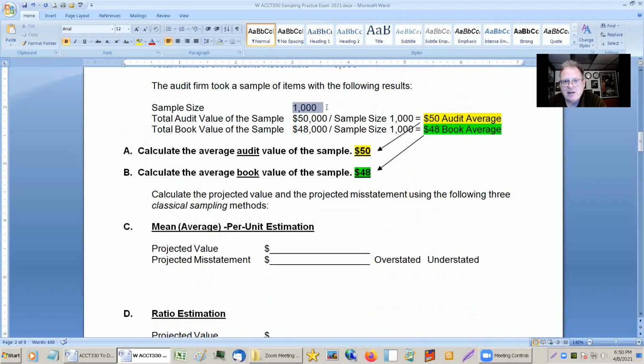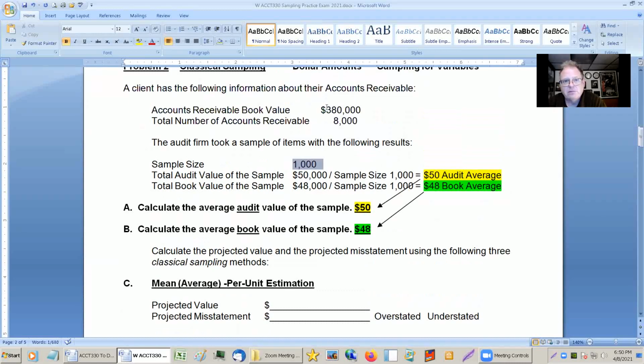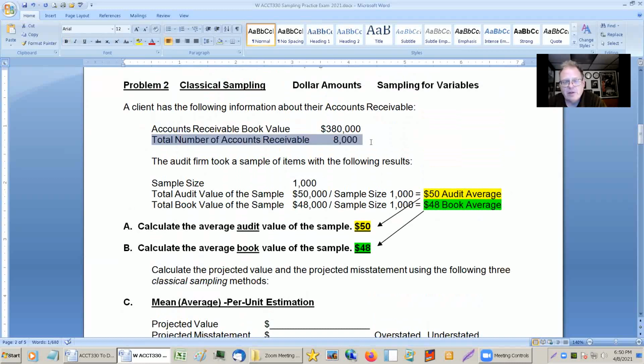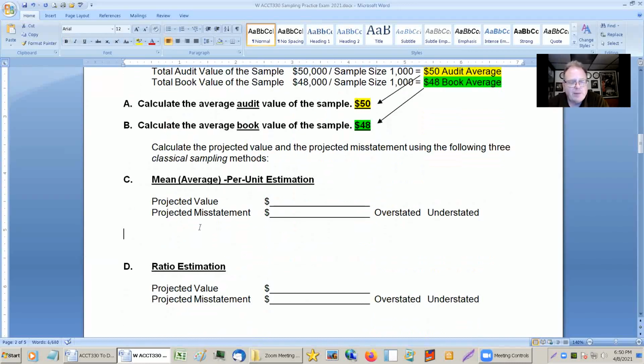Now, this is for a sample size of 1,000. We're going to project it over the total number of accounts receivable of 8,000. So coming down here, we'll take the 8,000 times the audit average.